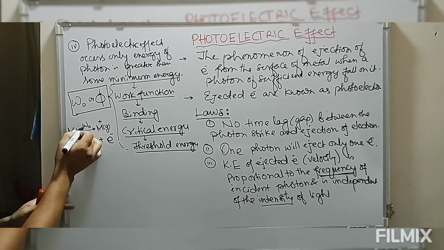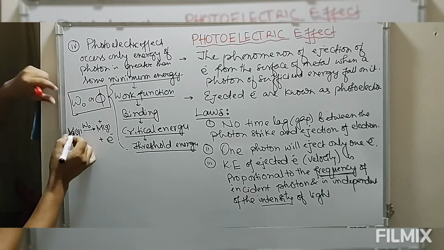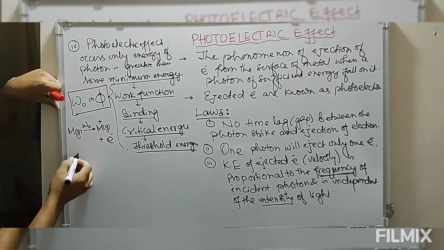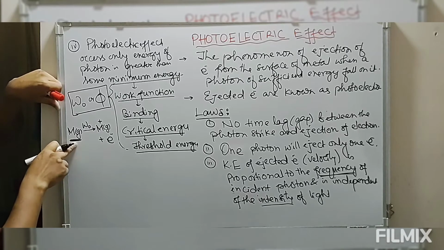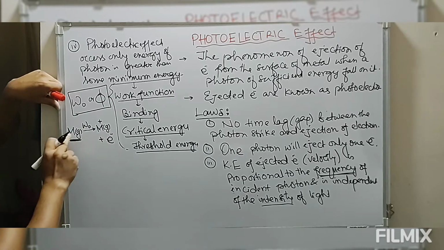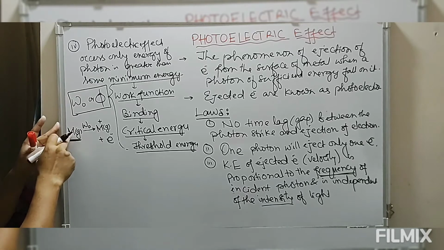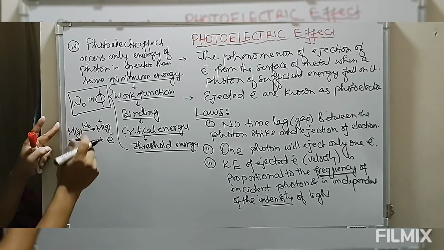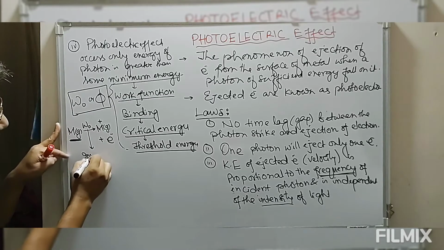This is what we call the minimum energy. If you look at this equation carefully, we have a neutral isolated gaseous atom, and from this neutral isolated gaseous atom we are removing an electron. The process of removal of an electron from a neutral isolated gaseous atom, this energy is sometimes known as ionization energy.